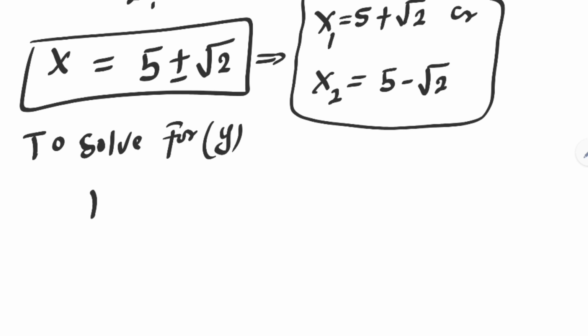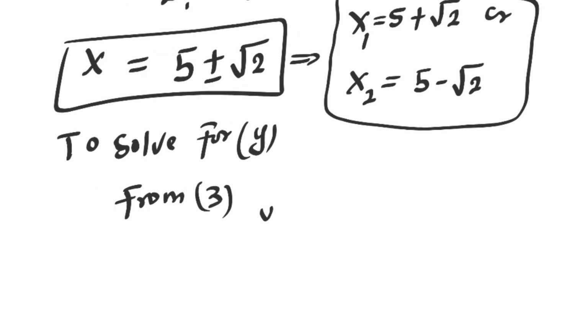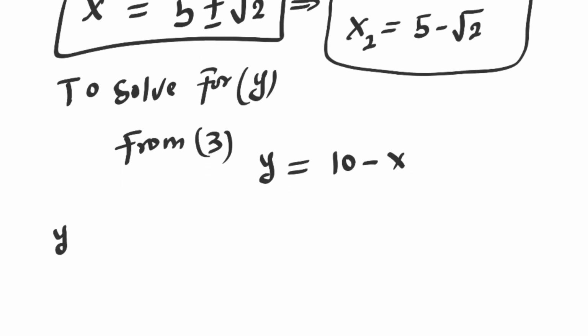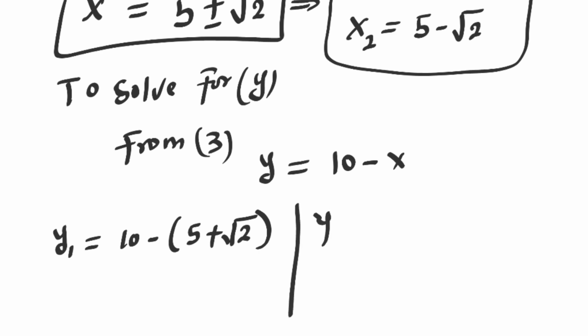From equation 3, y is equal to 10 minus x. y1 is equal to 10 minus x1, which is 5 plus root 2, and y2 is equal to 10 minus x2, which is 5 minus root 2.